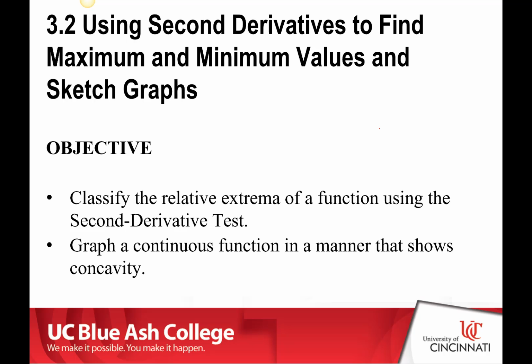Okay. So, what are we after in this? Being able to locate and classify relative extremes using the second derivative test. I realized that the other day we were working with situations where, and I'm making up numbers here, -3, 1, and 5.